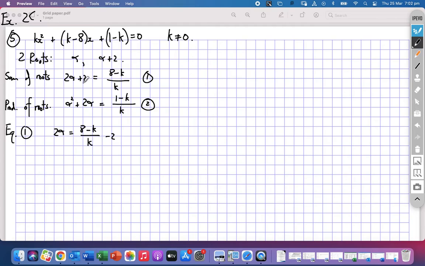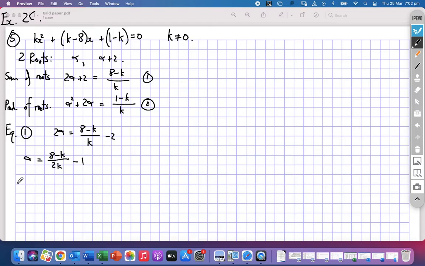So I have minus 2 from both sides. I could also divide by 2. Divide everything by 2. Let's do that. Alpha equals 8 minus k divide by 2. And we have to divide that by 2 as well. Minus 1. Suppose we could substitute that in.